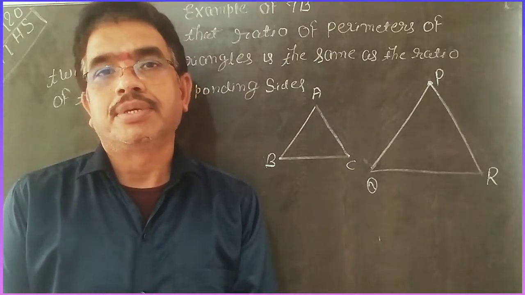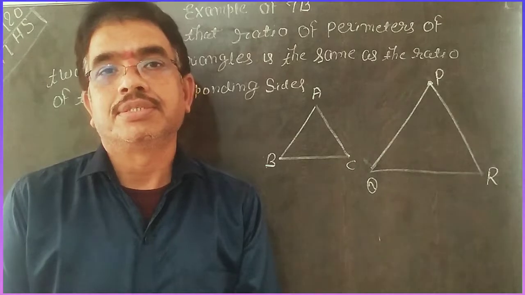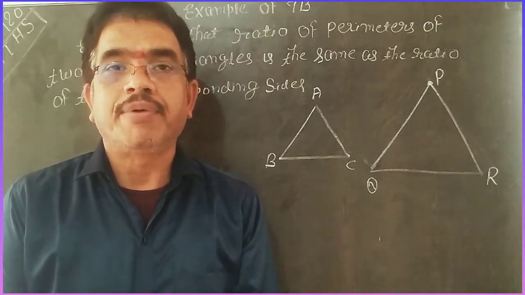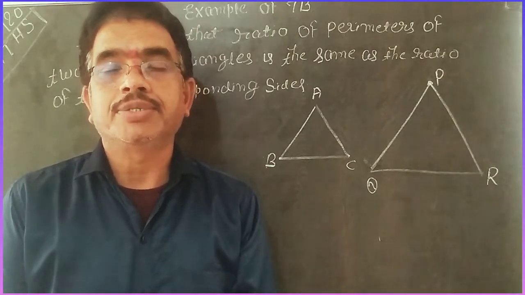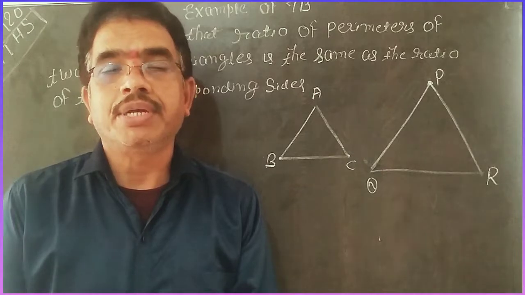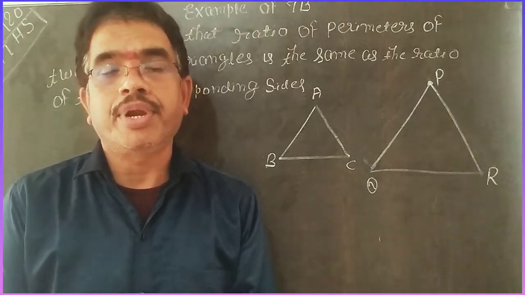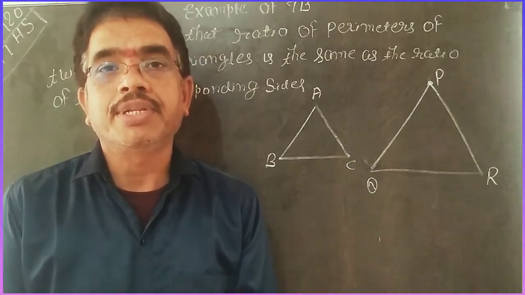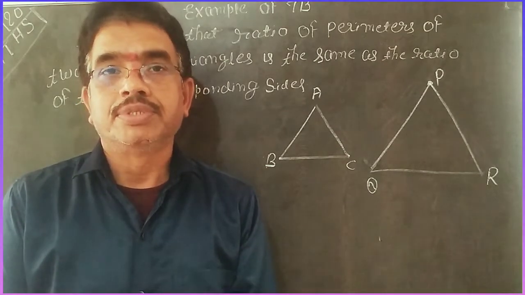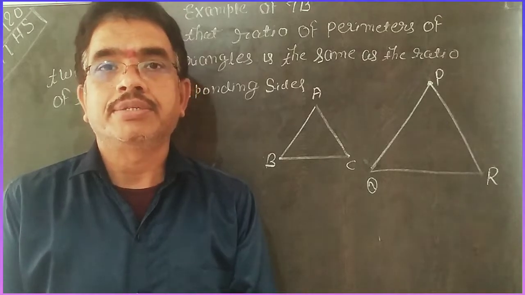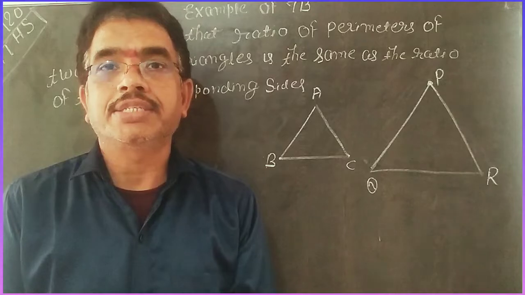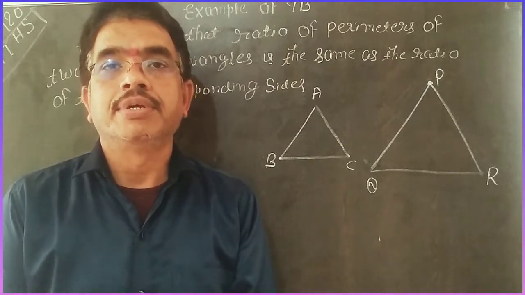Dear student, today I discuss some problems on the basic proportionality and similarity from Example 7B. Dear student, in this chapter, the examples depend only on how you can find the similarity of two triangles, and if triangles are similar, then how you can take the ratio of their sides in proportion. For similarity there are three conditions: SSS, SAS, and AA.